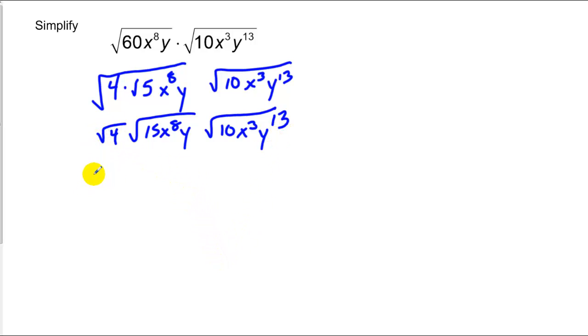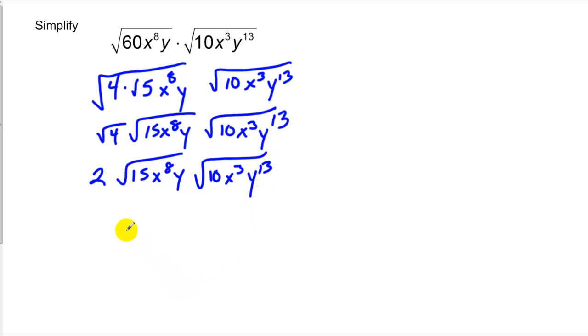Square root of 4 is 2, root 15 x to the 8th y, and root 10 x to the 3rd y to the 13th. So the next thing I'd do is multiply these together. I get 2 root 150 x to the 11th y to the 14th.